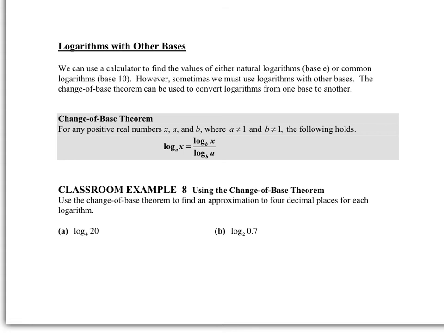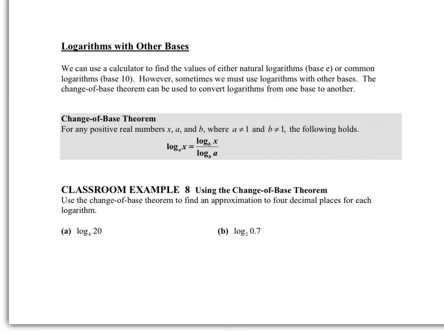You would always put log base 10 of whatever the value is after the base when it's in exponent form. So it would be log base 10 of x divided by log base 10 of a, whatever the original base is. So remember, you're going to be dividing by the log of the original base in the denominator.